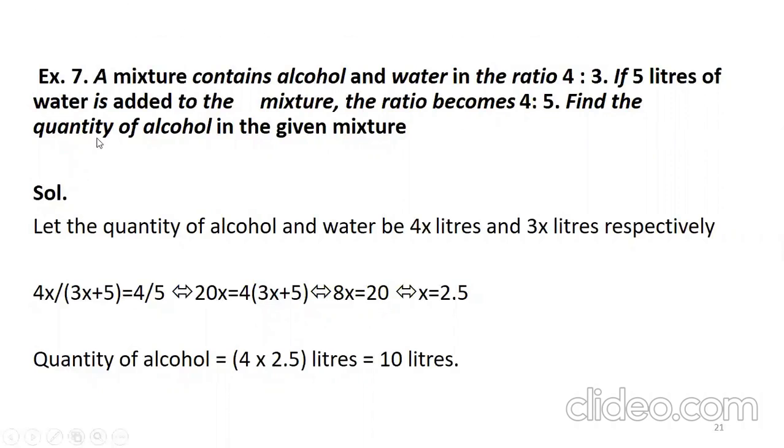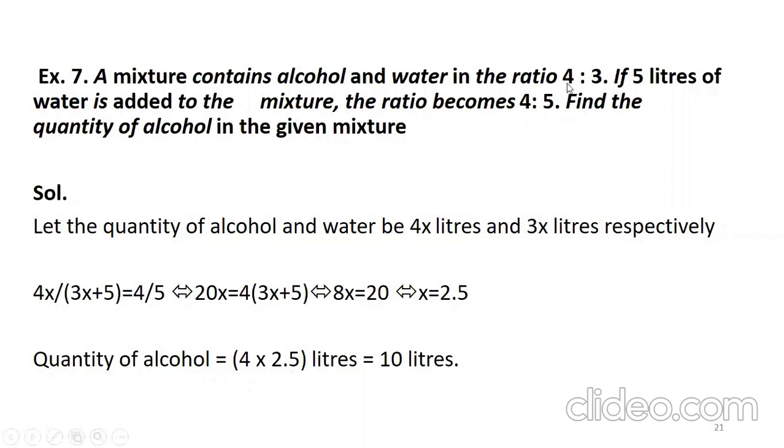Now the seventh question. It belongs to the alligation mixture part, but still we will see it because a ratio is involved. A mixture contains alcohol and water in the ratio 4:3. If 5 liters of water is added to the mixture, the ratio becomes 4:5. Find the quantity of alcohol in the mixture.